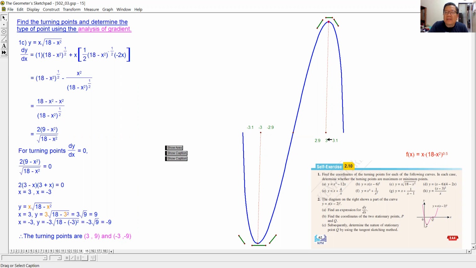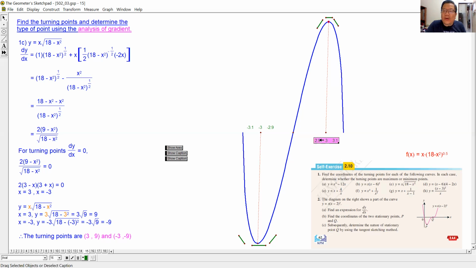Then you choose a point on the left of the turning point. You choose another point on the right of the turning point. It's up to you which point you want to choose. So I choose 2.9, which is slightly smaller than 3. And I also choose 3.1, which is slightly bigger than 3.